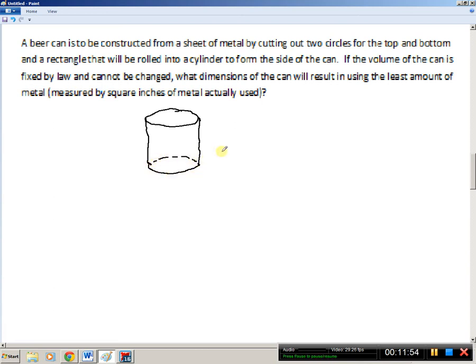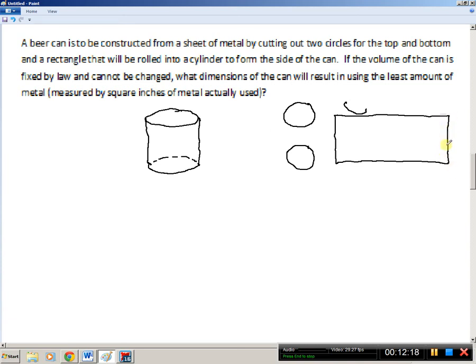There's my can. Now really, how is that can being made? It's being made from 2 circles, one for the top, one for the bottom, and then there's a rectangle that is cut out like this, and then you take that rectangle and roll it, just roll it, and then weld it together along the side.